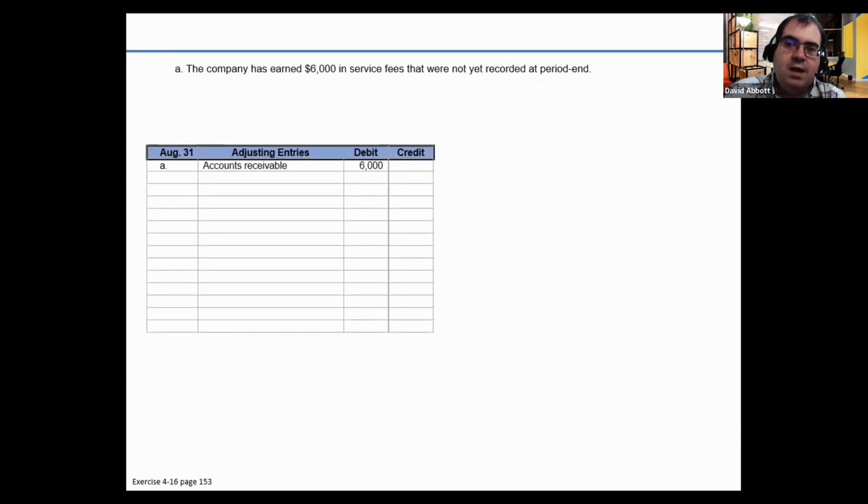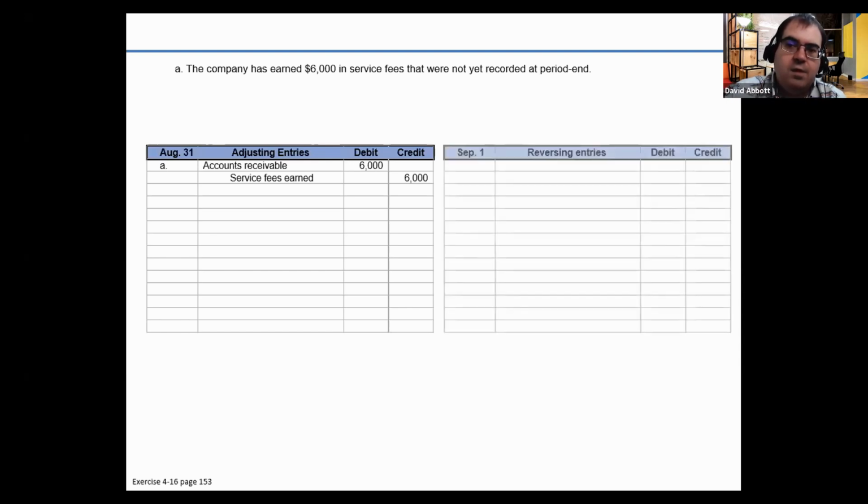So you would debit accounts receivable $6,000 and credit fees earned. That was the adjusting entry, what they did August 31st. Now on September 1st, you would debit service fee earned of $6,000 and credit accounts receivable.